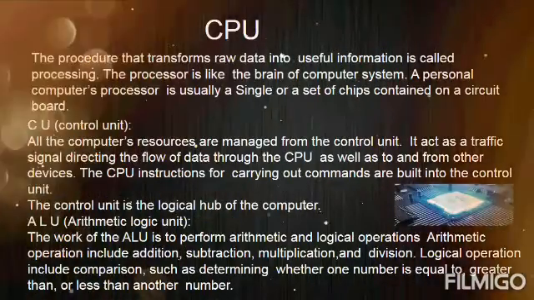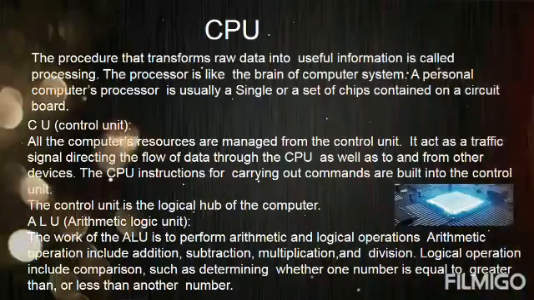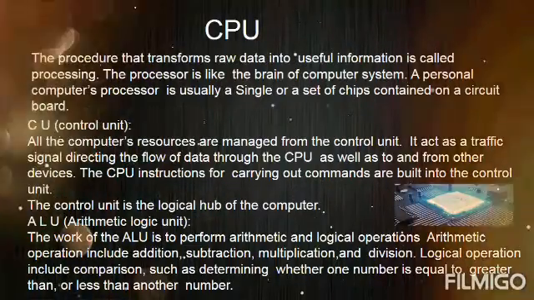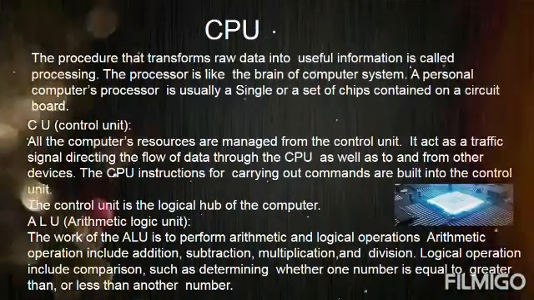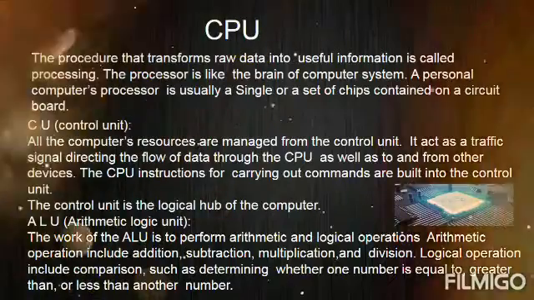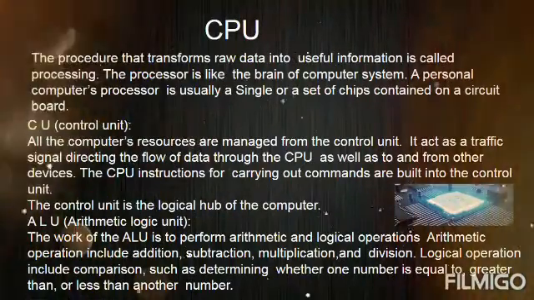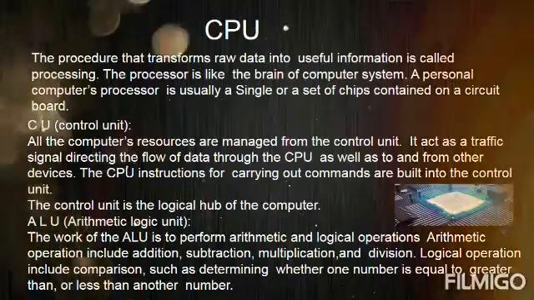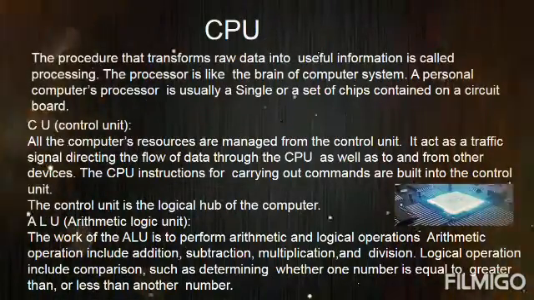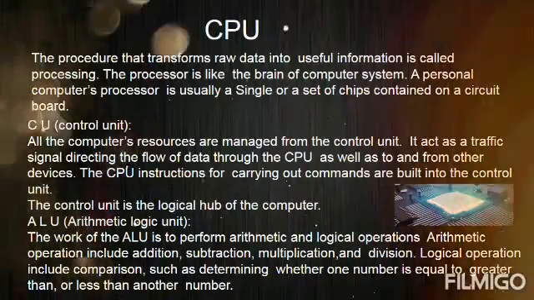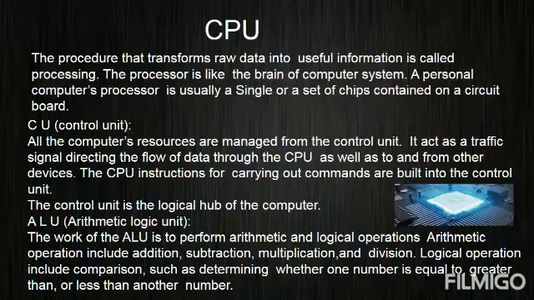It is also called the brain of the computer. Here you can see it has different components like the CU, control unit, a part of the CPU. The basic function of the CPU is that it controls the overall functioning of the computer or the instructions of the computer.